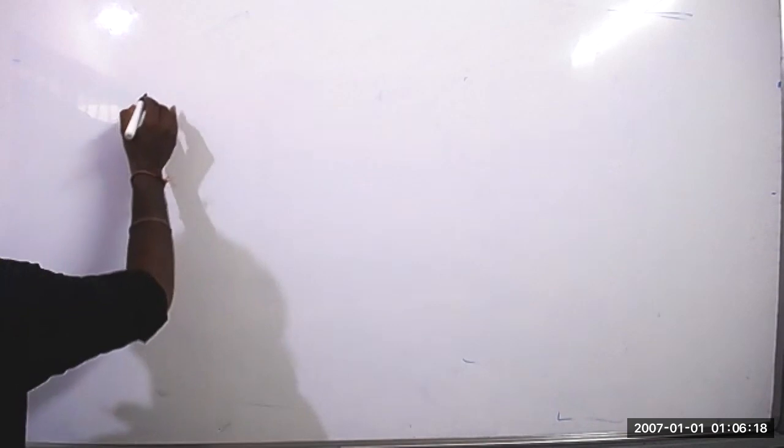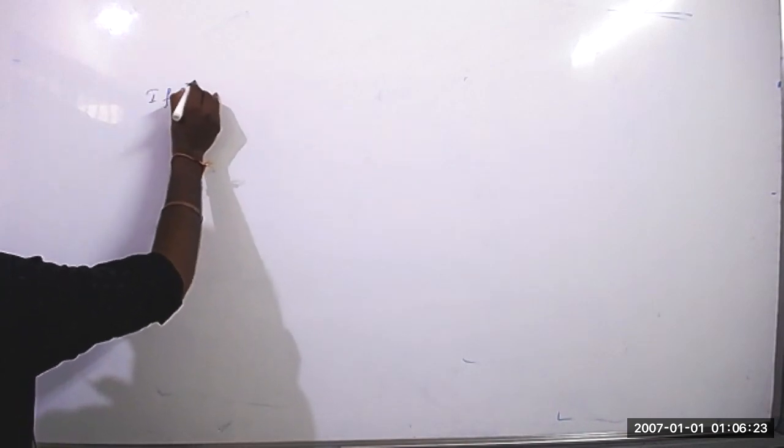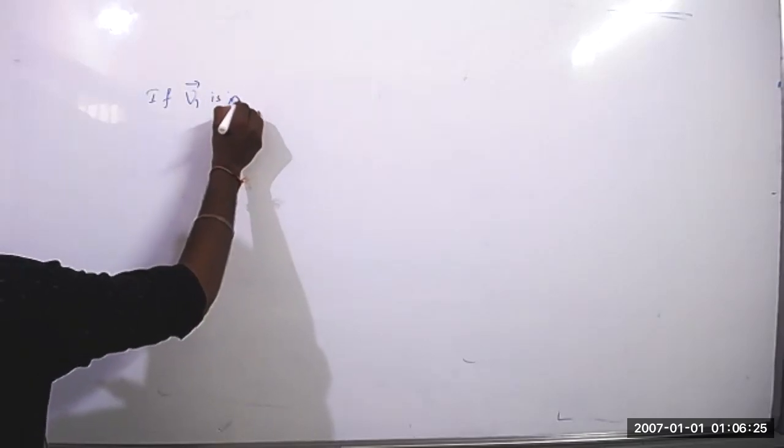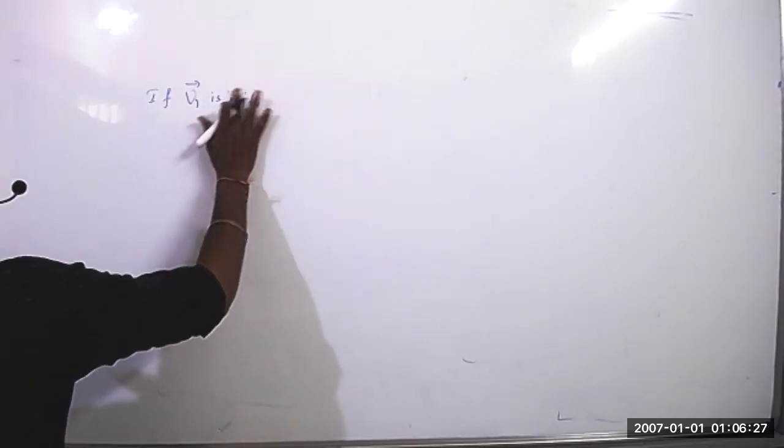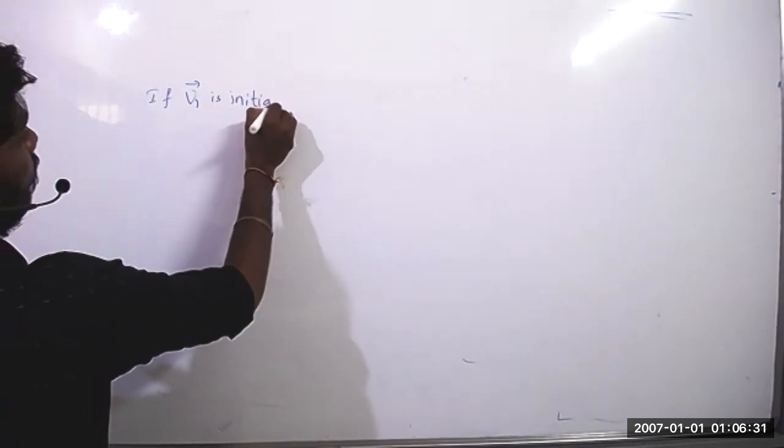Now see, one question. How will you solve that question? Suppose Vi is the initial velocity. Initial means first, okay?